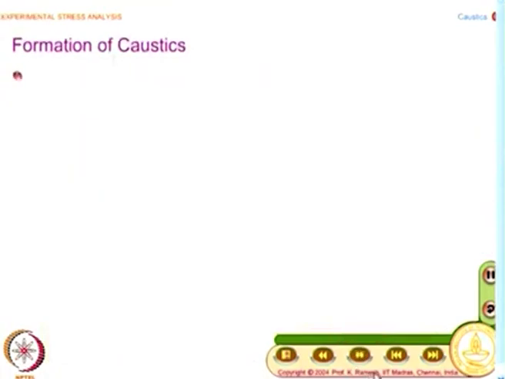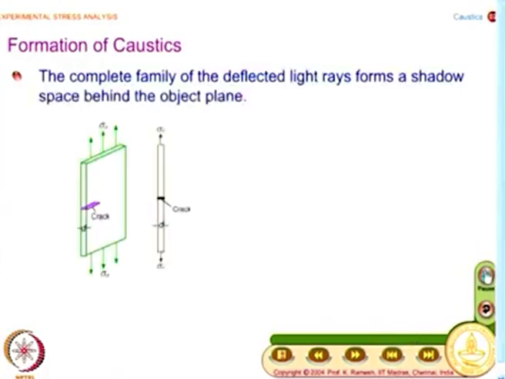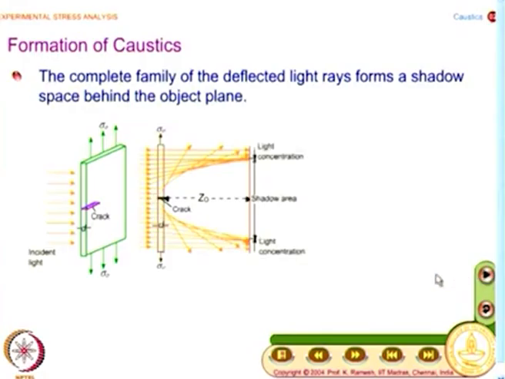The formation of caustics is very clear. Just observe the specimen. So, what I have here is a specimen with a crack, and a parallel beam of light impinging on the specimen, and because of the Poisson ratio effect, the light does not go straight.